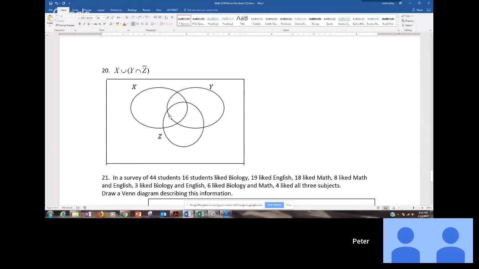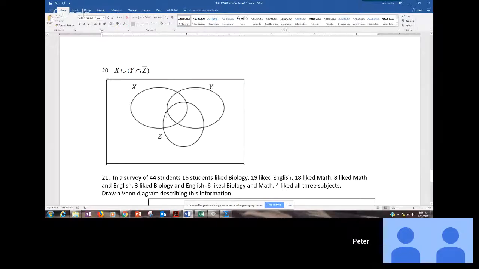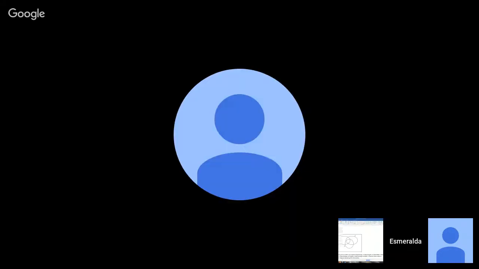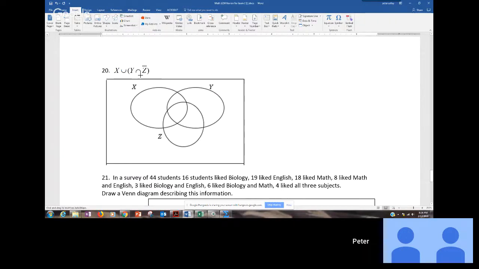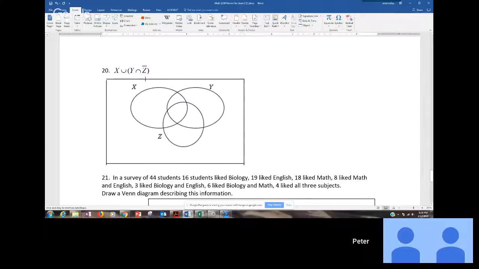Of course, you guys picked the question that's really hard to do with a mouse. Let me think. I can draw something. Okay, so right here where it says Z bar, what is Z bar saying? Not in Z. So I look where Z is, and I look outside of it.